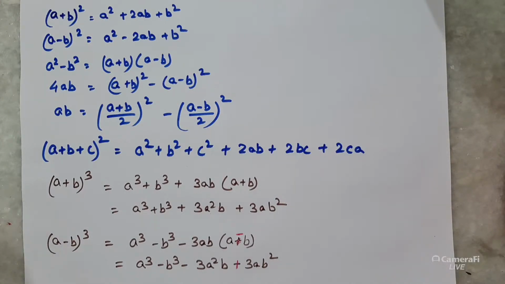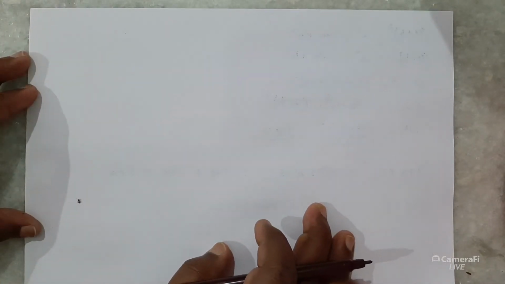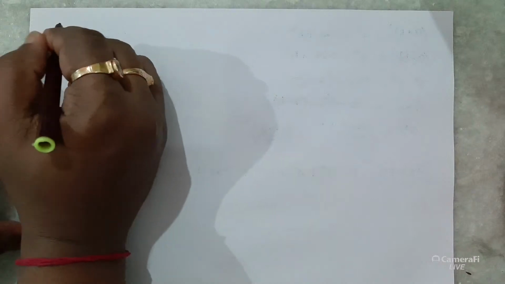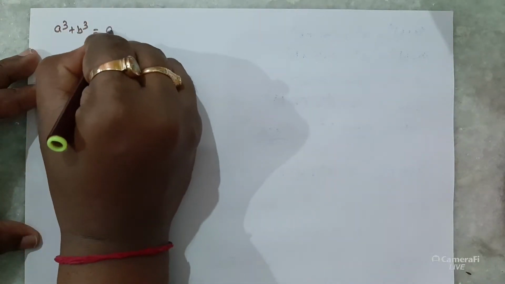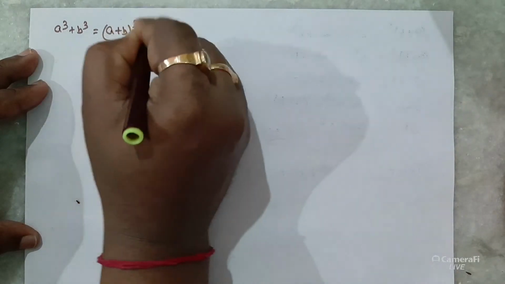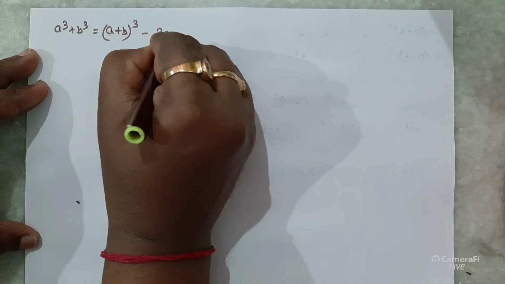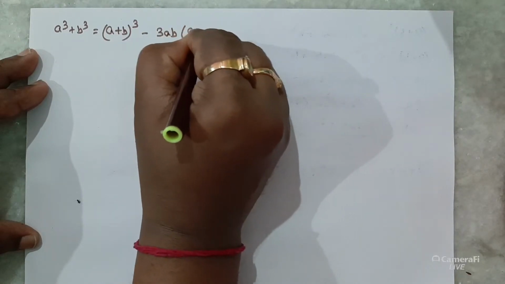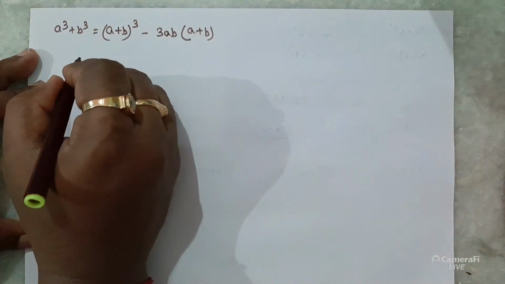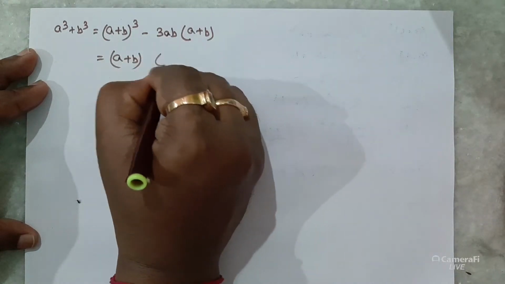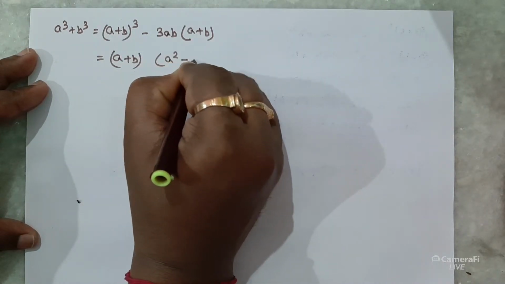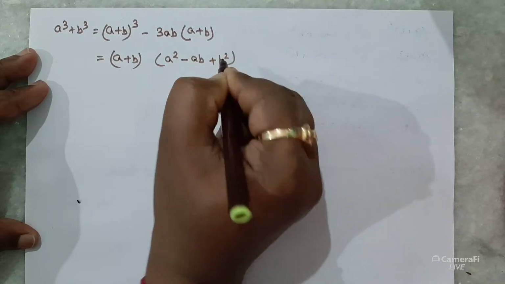Now let us know some more formulas on algebraic identities. That is, a cube plus b cube equals a plus b whole cube minus 3ab into a plus b, or a plus b into a square minus ab plus b square.